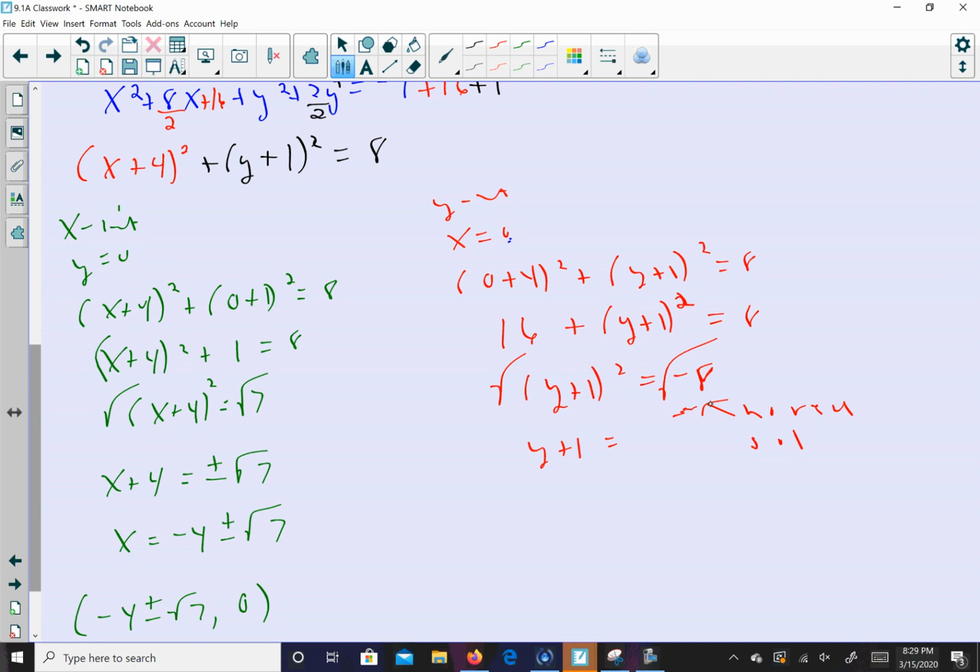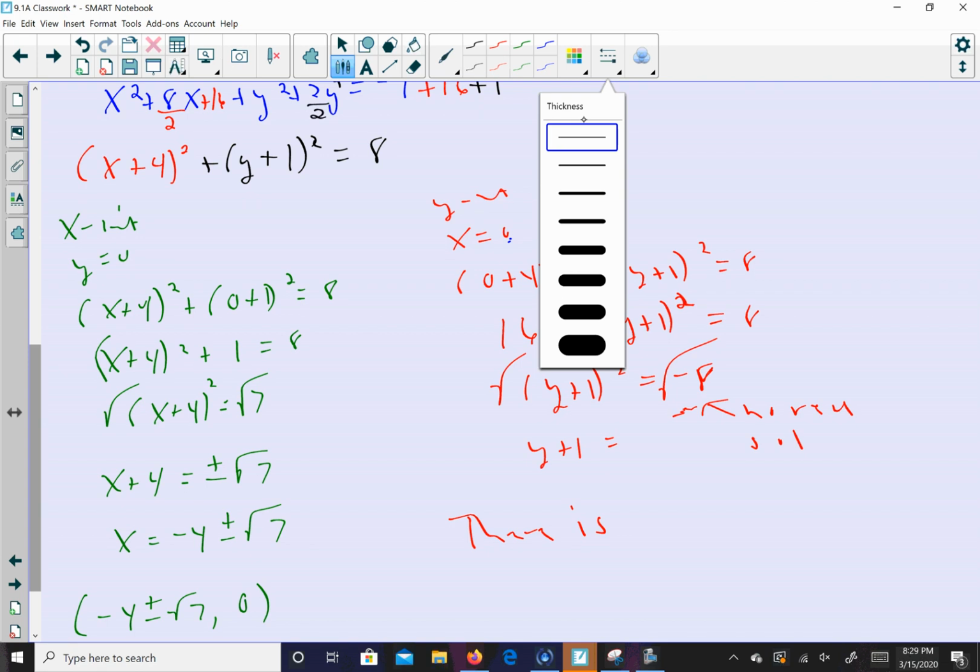I'm not going to get a real number here, which means there is no y-intercept.